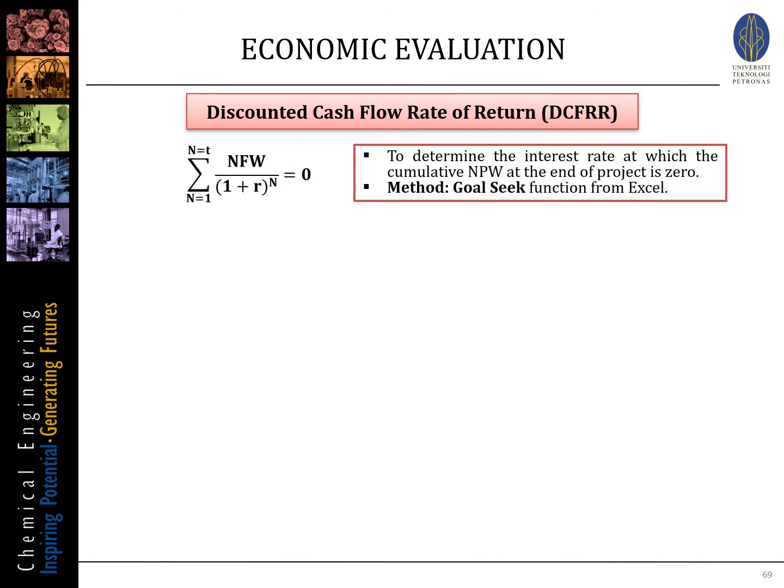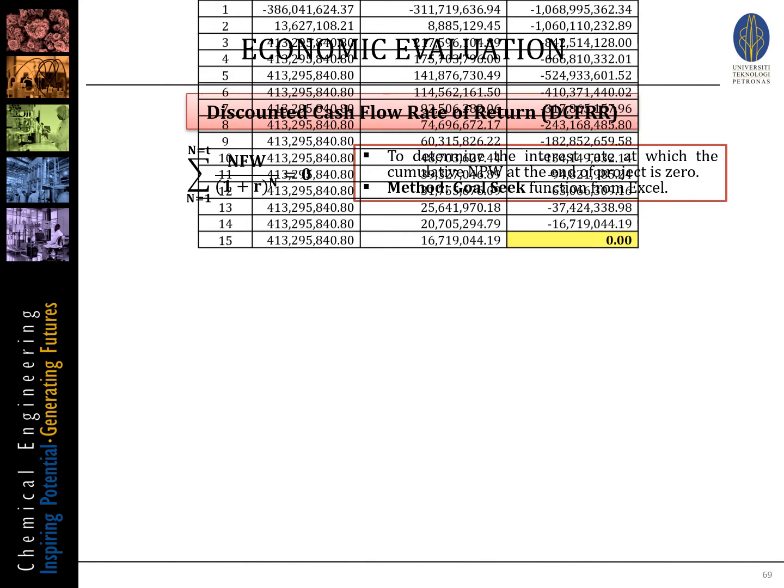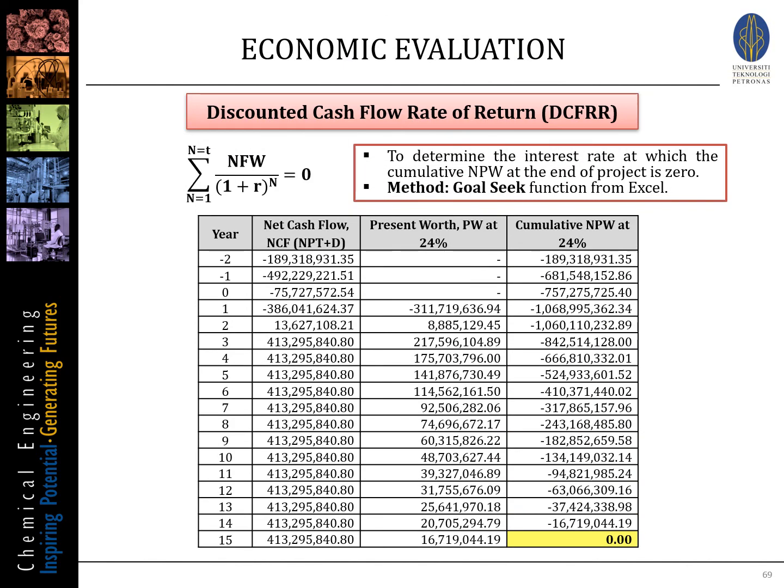The DCFRR determines the interest rate at which the cumulative NPW at the end of the project is 0. The method I use here is the Goal Seek function from Excel. As we can see, the cumulative NPW at the end of the project is 0 with a DCFRR of 24%, which is also greater than the MARR at 15%.